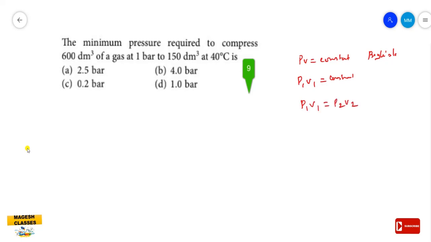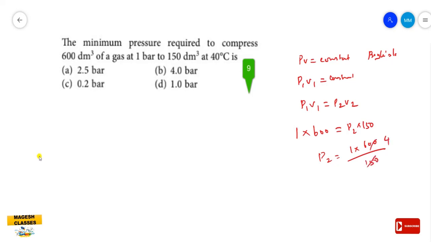Here the system has a pressure of 1 bar and a volume of 600 dm³. The same system is compressed to another volume, 150 dm³, and we need the pressure at that time. So P2 is equal to 1 into 600 divided by 150.